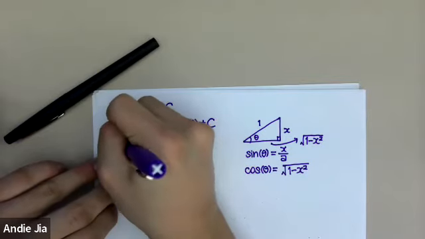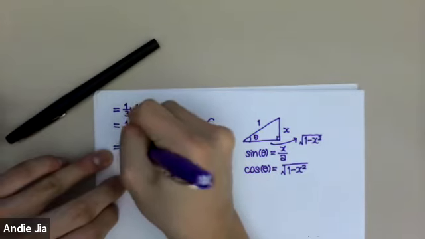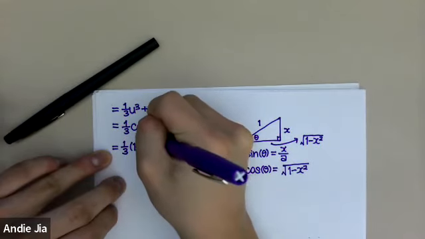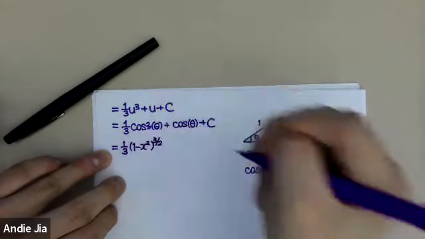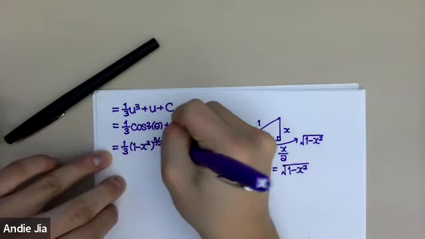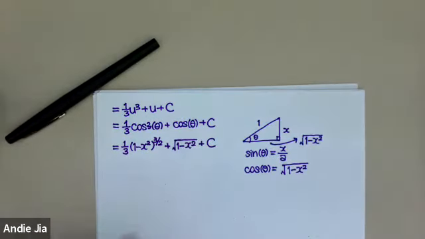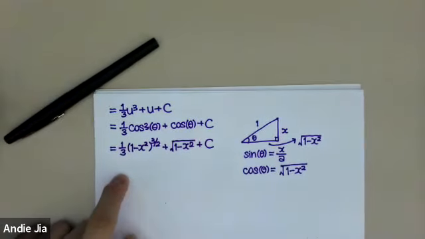So we just write it as cubic 1 minus x squared, plus this, plus the constant of integration. That is what you got from the integral.